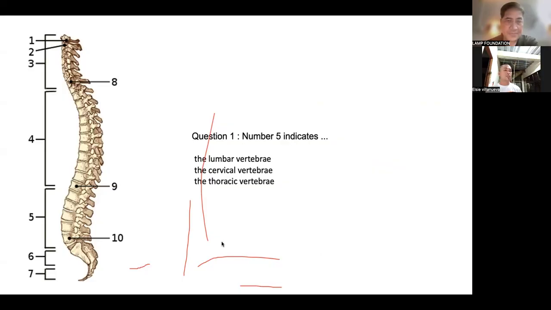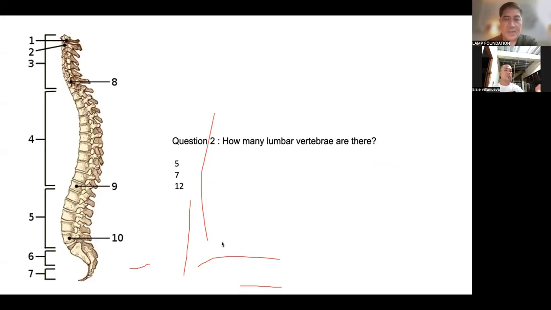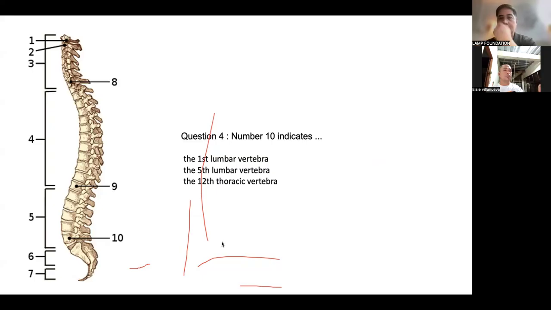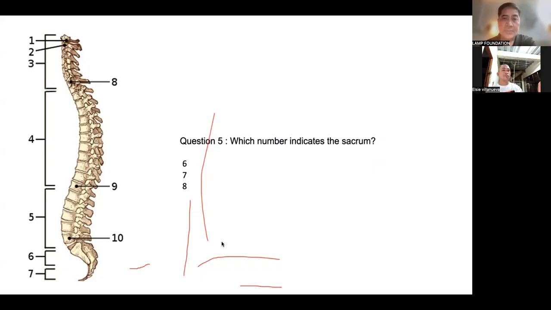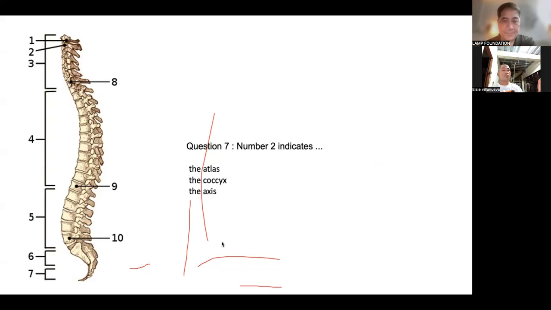Lumbar vertebrae. How many lumbar vertebrae are there? 5. Cervical vertebrae, number 3. Number 10, the 5th lumbar vertebrae. Sacrum. Number 6. How many cervical vertebrae? The cervical is 7.